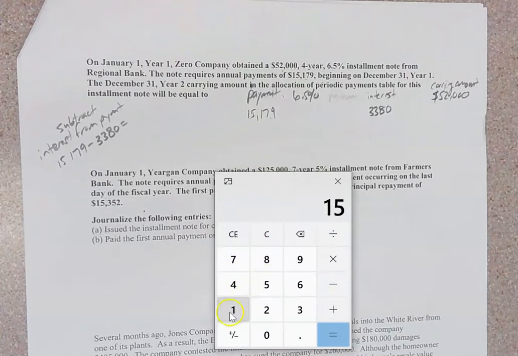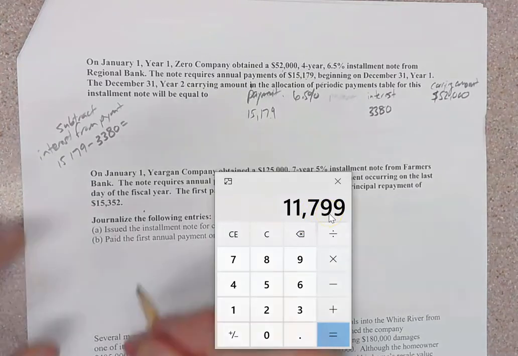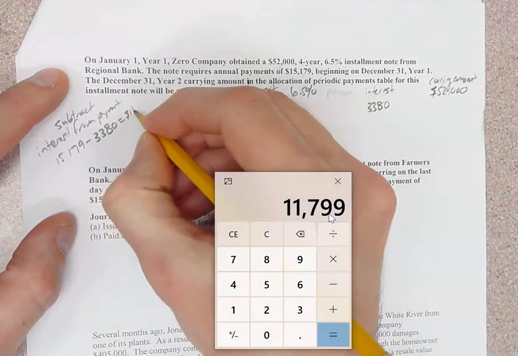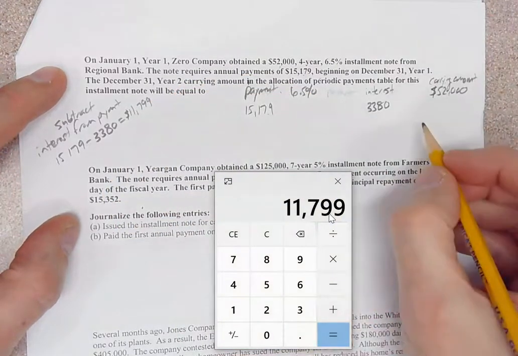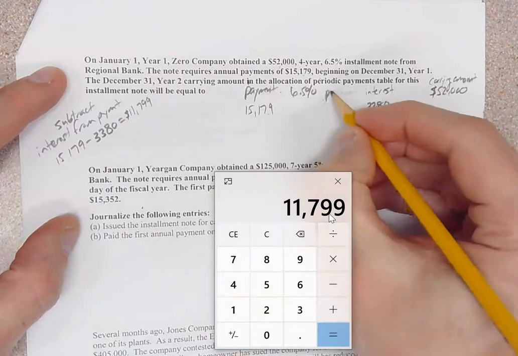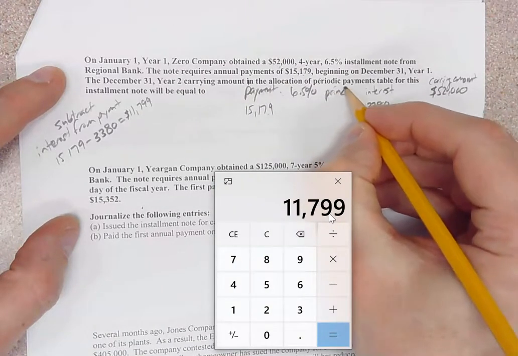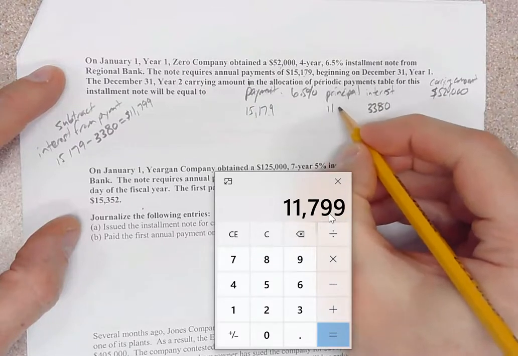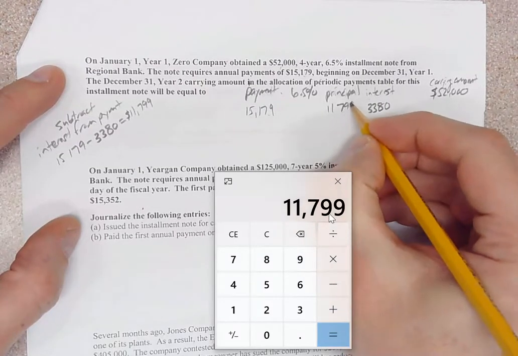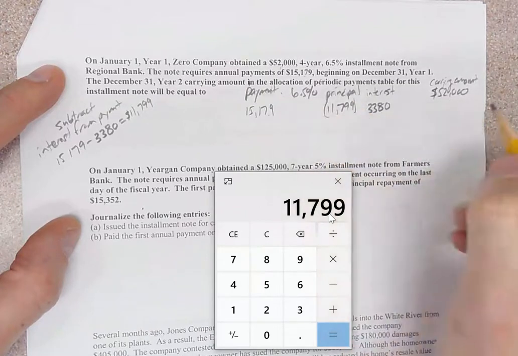We've got $15,179 minus $3,380 equals $11,799. So $11,799. We're going to want to subtract, let's just write in here, principal, and I'm going to enter this as a negative number.